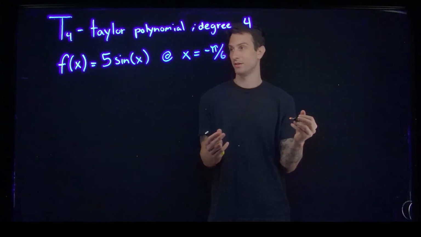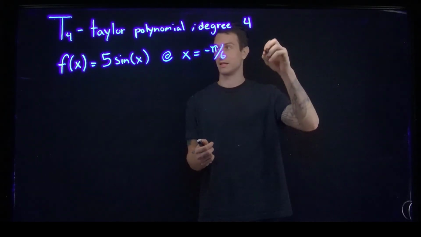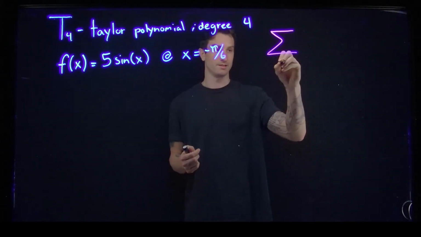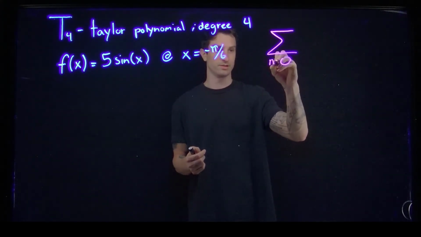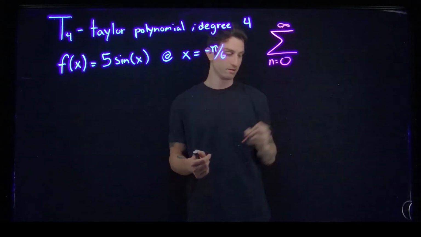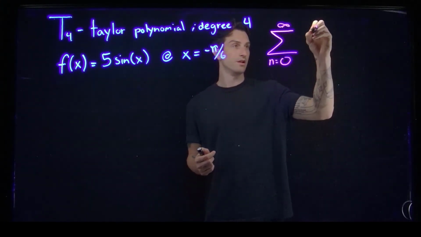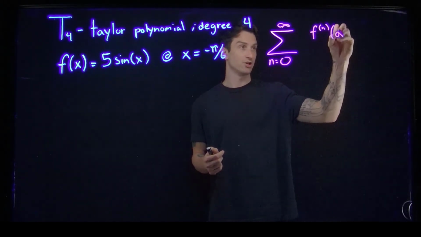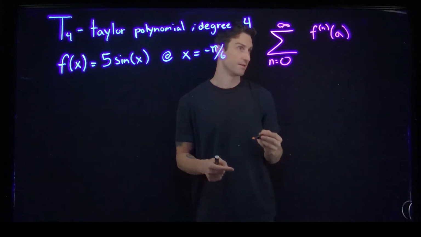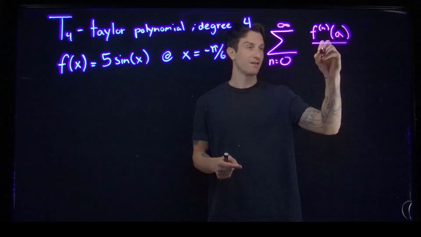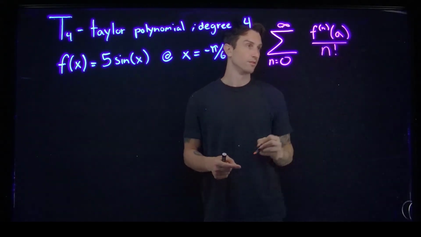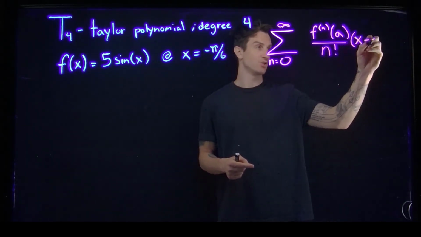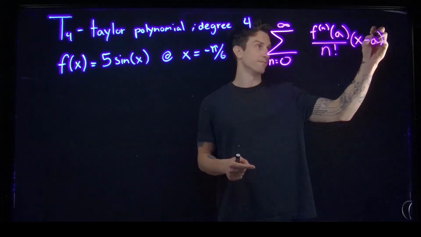What does a Taylor series look like? It looks as such: from n equal to 0 to infinity of the nth derivative evaluated at our center, which in this case is negative pi over 6, divided by n factorial, times x minus our center to the n.